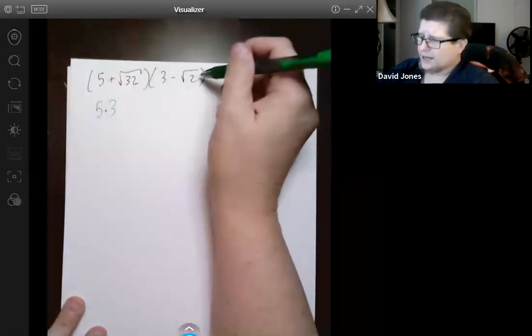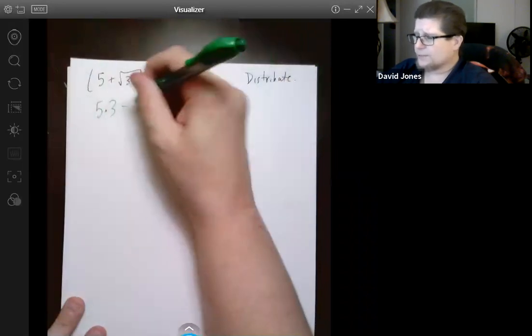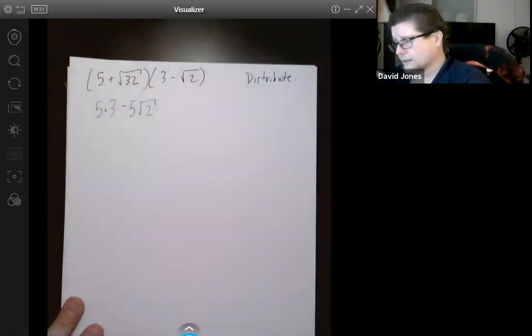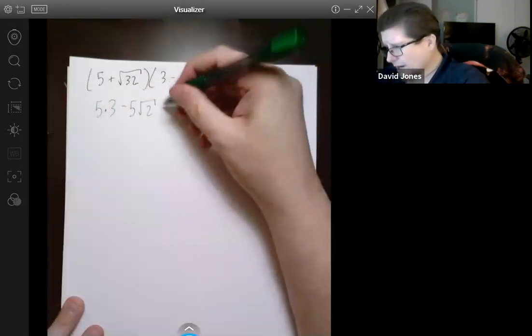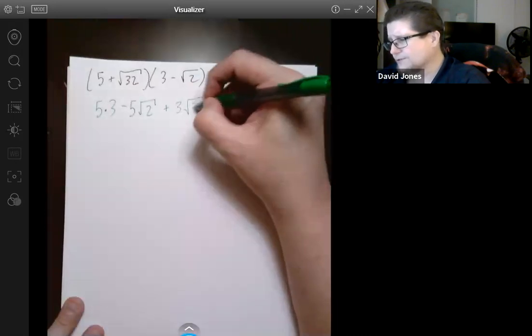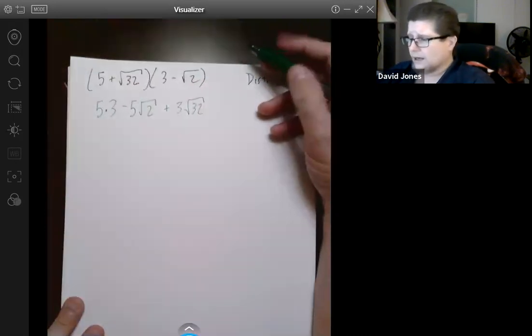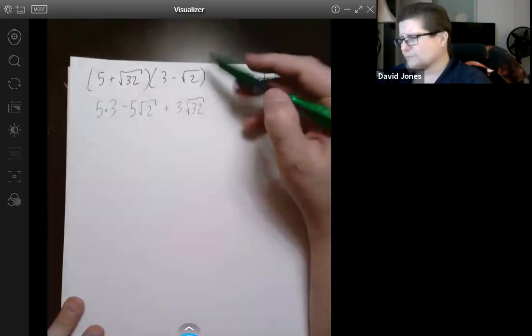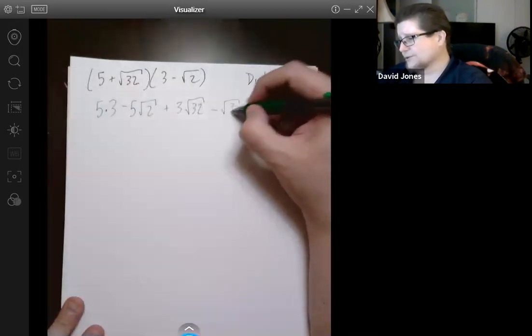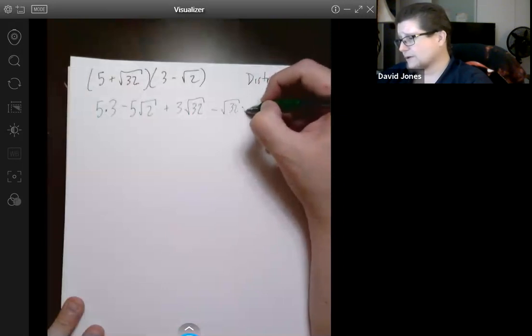And then 5 times negative square root of 2 is minus 5 root 2. And then I've got plus square root of 32 times 3, which is 3 times square root of 32. And then I've got square root of 32 times negative square root of 2, or minus square root of 32 times 2.